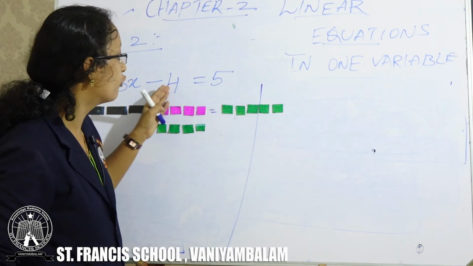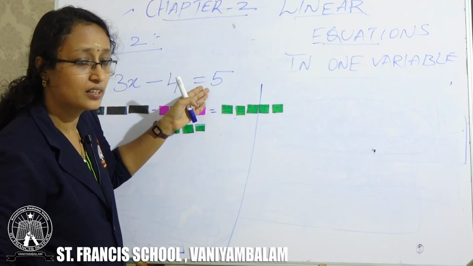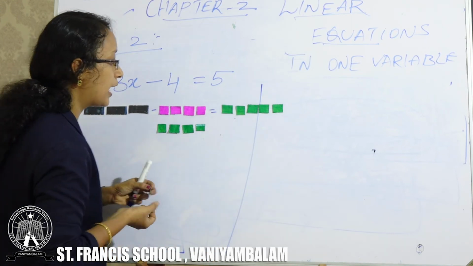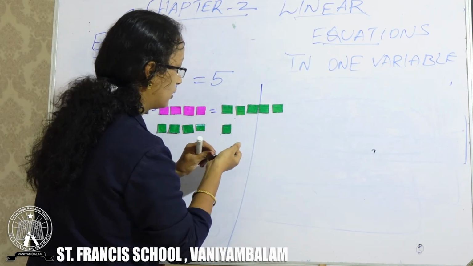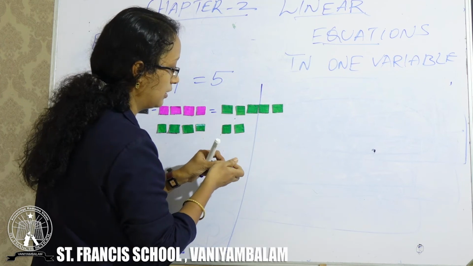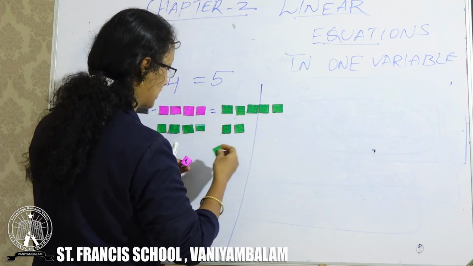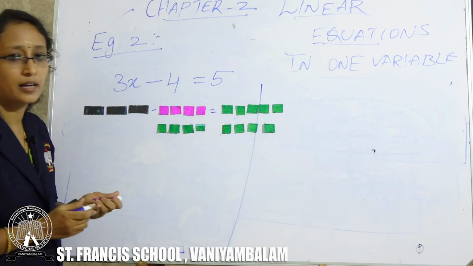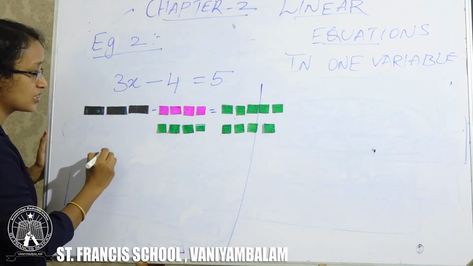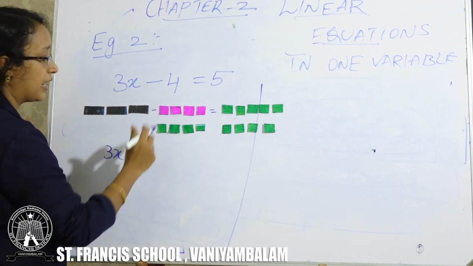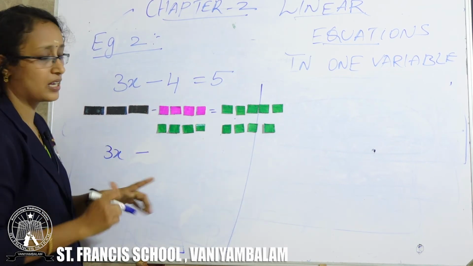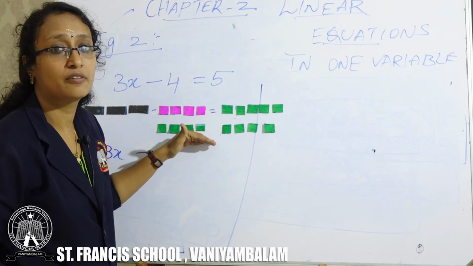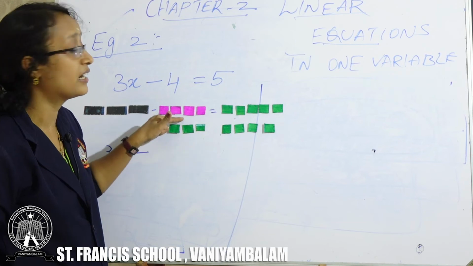If you are adding 4 on the left hand side, you have to add on the right hand side also. So I am going to add this 4 on both the sides. Got it? Now your equation is 3x and minus 4, see, the digits are same but the symbols are different, positive constant and negative constant.